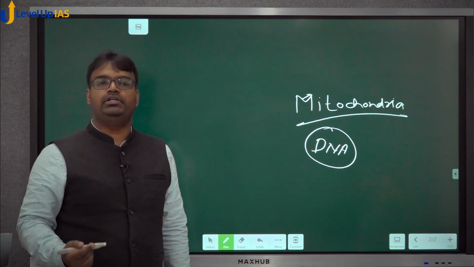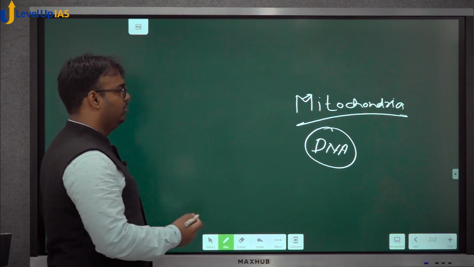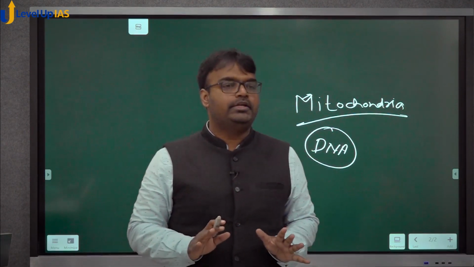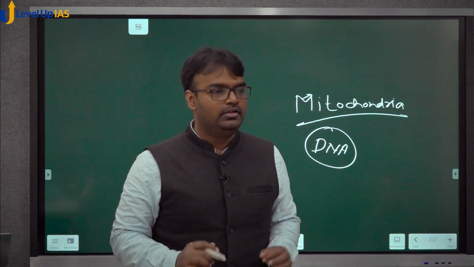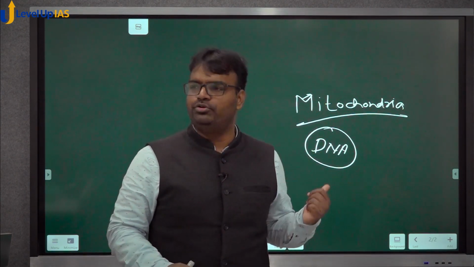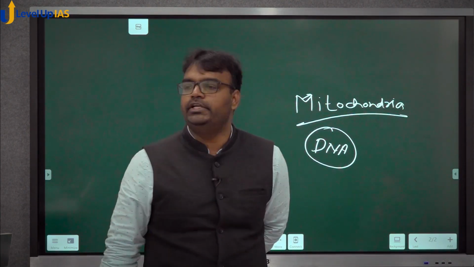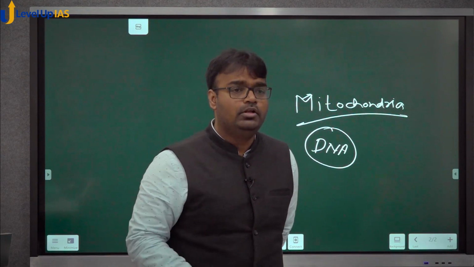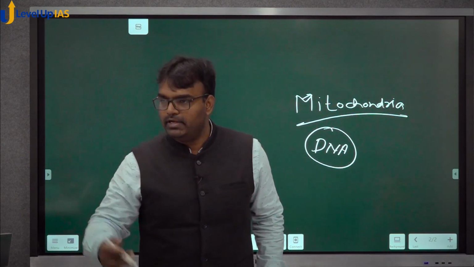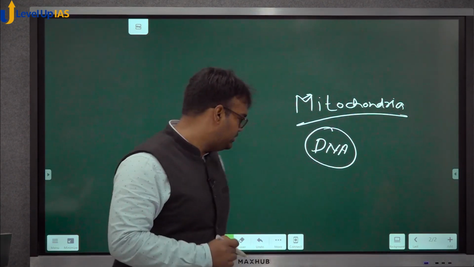But the mitochondrial DNA comes from mother and it has no role in heredity. What your features would be will not be decided by this mitochondrial DNA. So it's not relevant here. We'll study about mitochondrial DNA in three-parent babies and all in the health sector of science and technology, but here we are not going to deal with it.